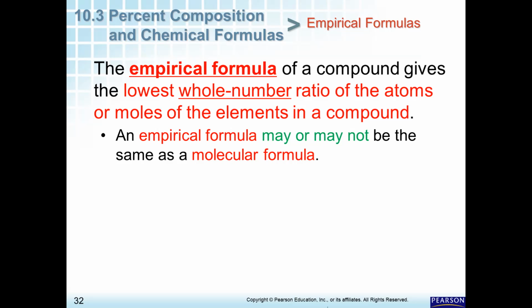The difference is that the empirical formula is the lowest whole number ratio, while the molecular formula is the actual ratio. We're going to see today how they are related mathematically.